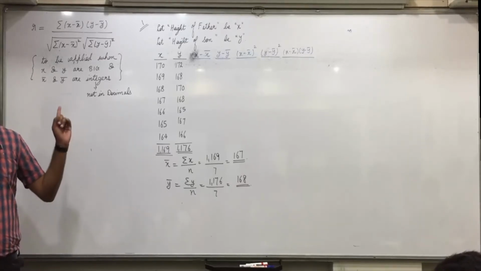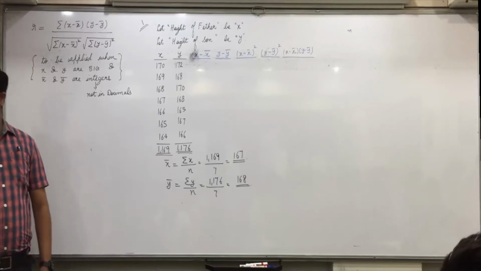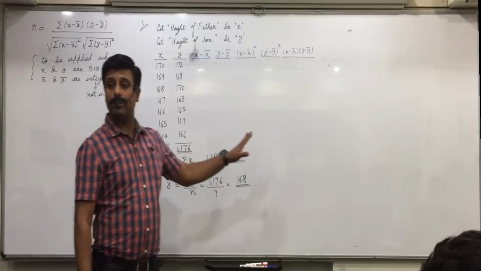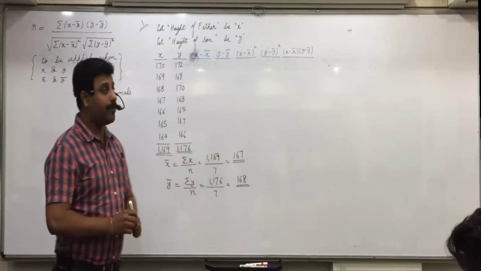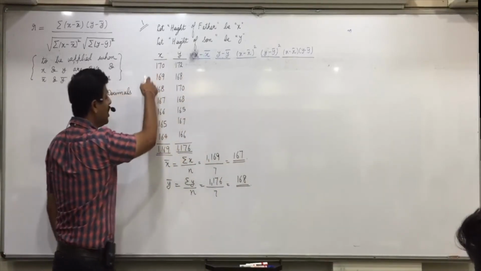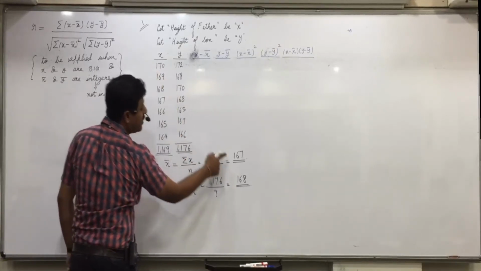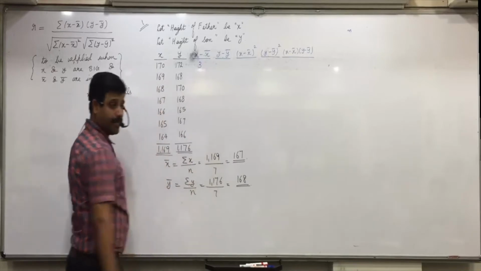Shall I proceed? X minus x bar means from all the values of x we subtract x bar, which is 167. 170 minus 167 is 3.